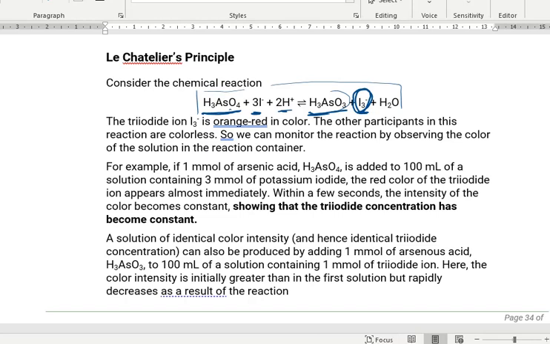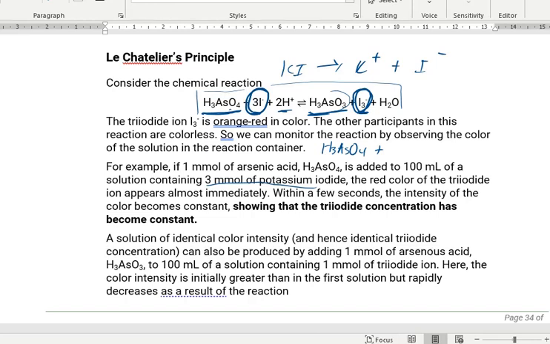So, for example, we have 1 millimole of arsenic acid. First, we only have this arsenic acid. And then, we added 3 millimoles of potassium iodide. So, potassium iodide class, that will form potassium ion and iodide ion. So, this is where the iodide ion comes from.